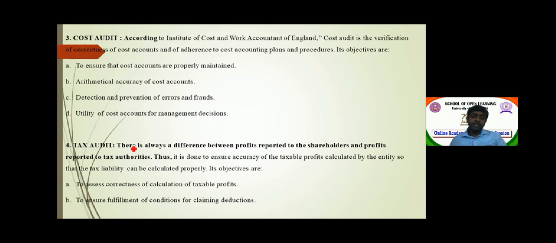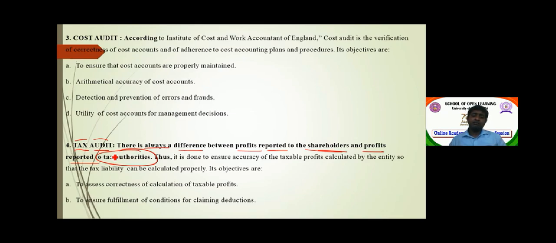All right. Then the next point is tax audit. Now what is this tax audit all about? There is always a difference between profits reported to the shareholders and profits reported to the tax authorities. What is this profit reported to shareholders and profit reported to tax authorities?